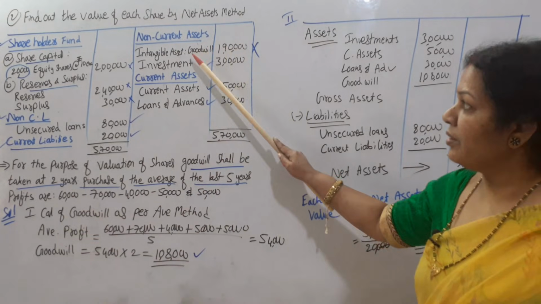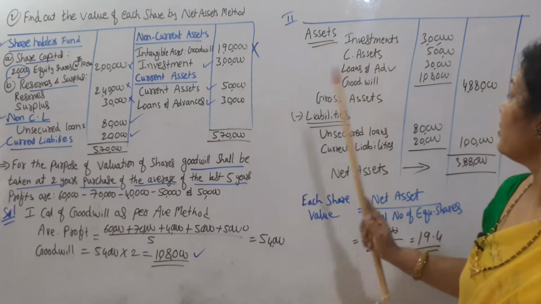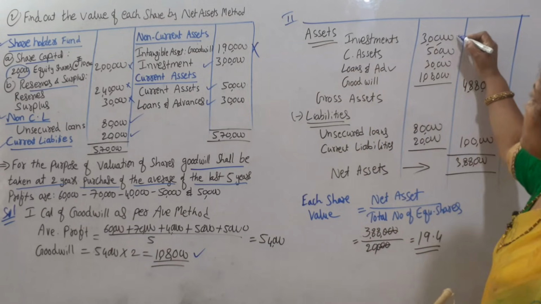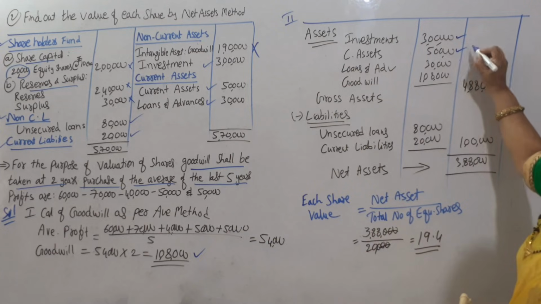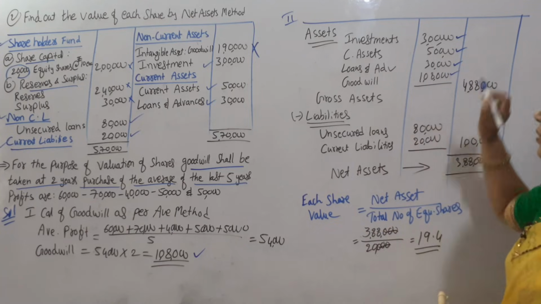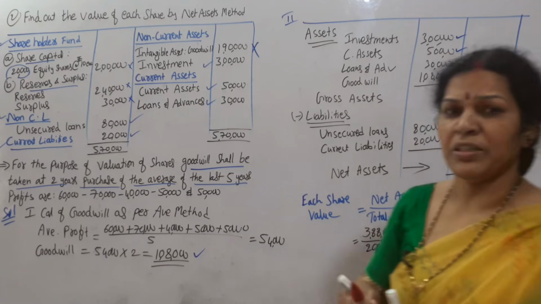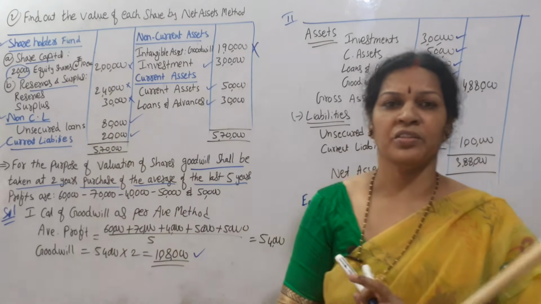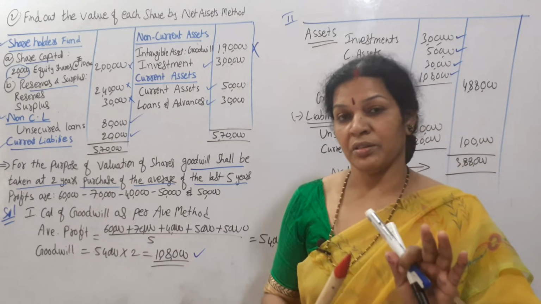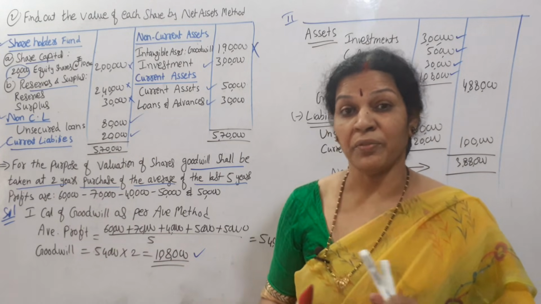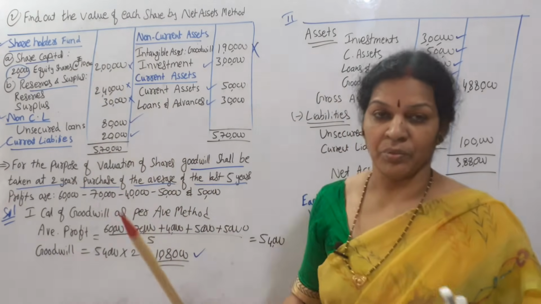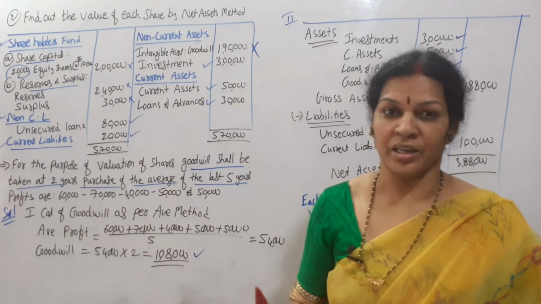Now all the assets we have taken here: investment, current assets, loans and advances, goodwill. And for liabilities, please remember we are not supposed to take share capital, equity capital, reserves, or profit and loss. These are to be avoided because they are exactly not liabilities.